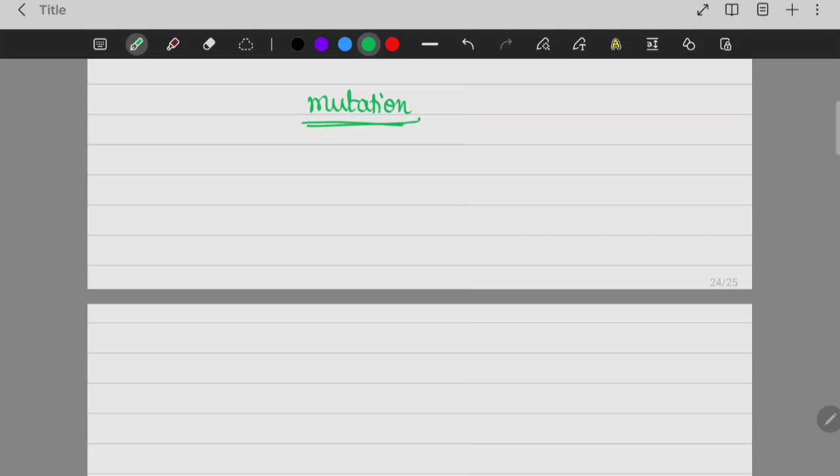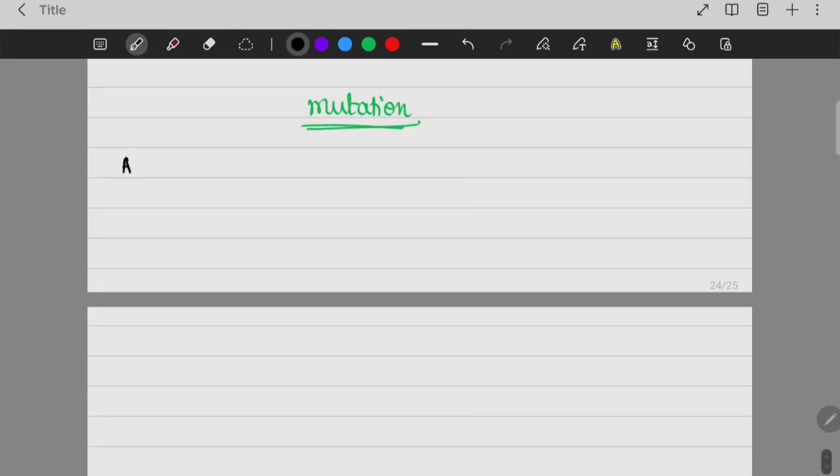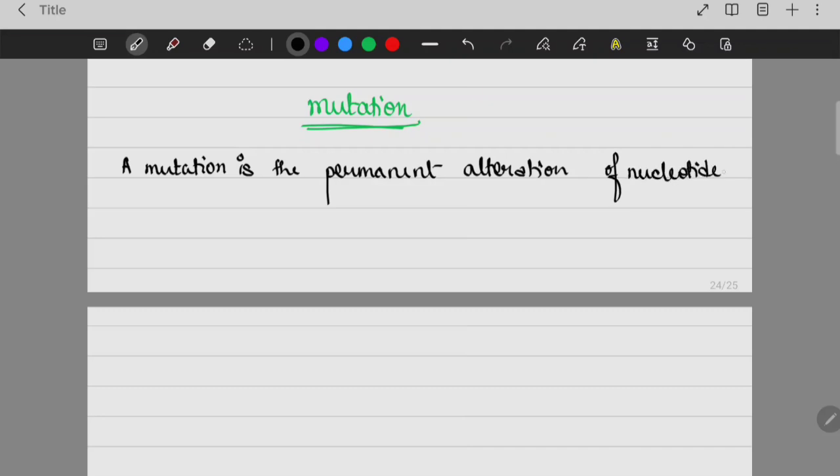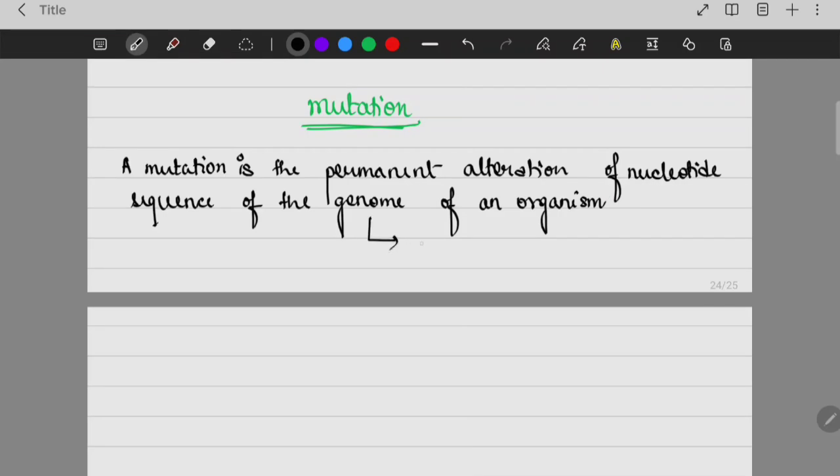Mutation. What is mutation? Mutation is the permanent alteration of the nucleotide sequence of the genome of an organism or any other genetic elements. It may be the genome or extrachromosomal DNA or any other genetic elements.